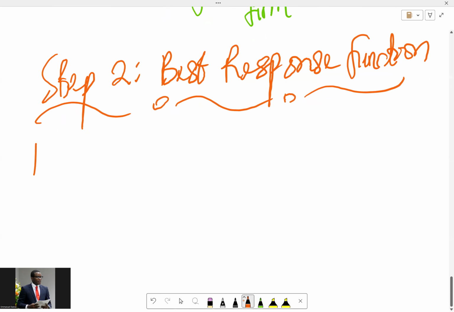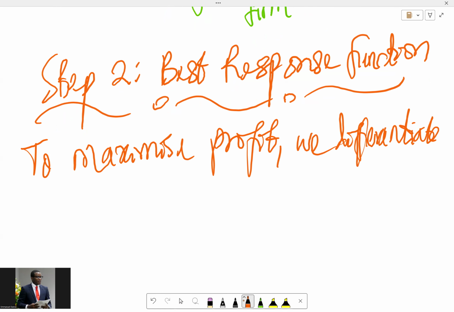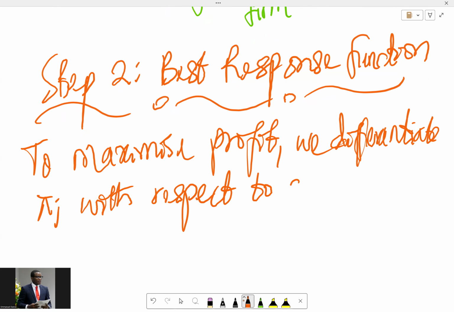So for the best response function, our aim is to maximize profit, so we differentiate pi i with respect to qi.